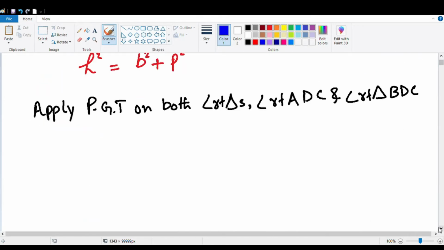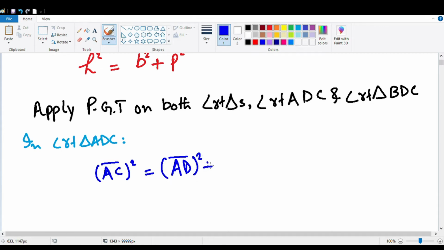So in right angle triangle ADC, the square of AC is equal to the square of AD, which is the base, plus the square of the perpendicular, which is CD. So AC square is equal to AD square plus CD square. And we can let this be equation number 1.